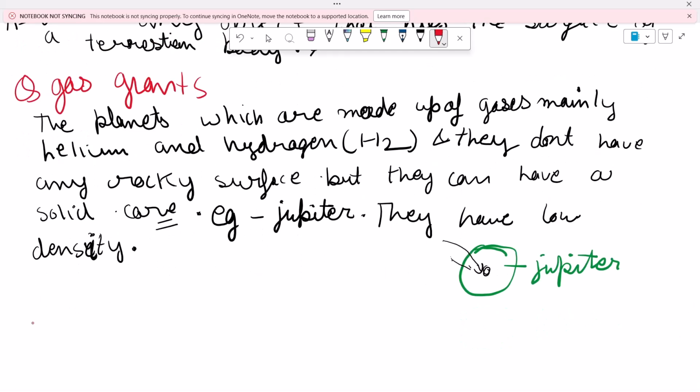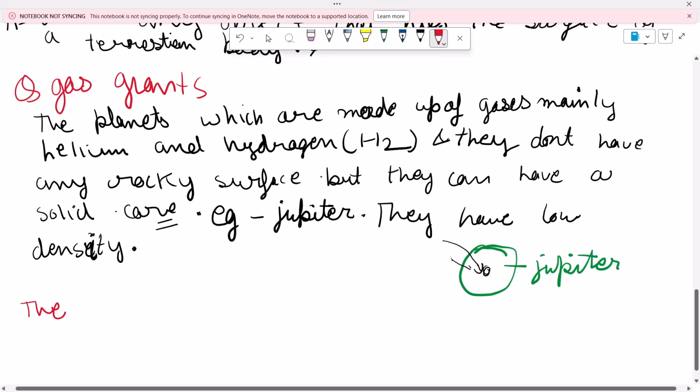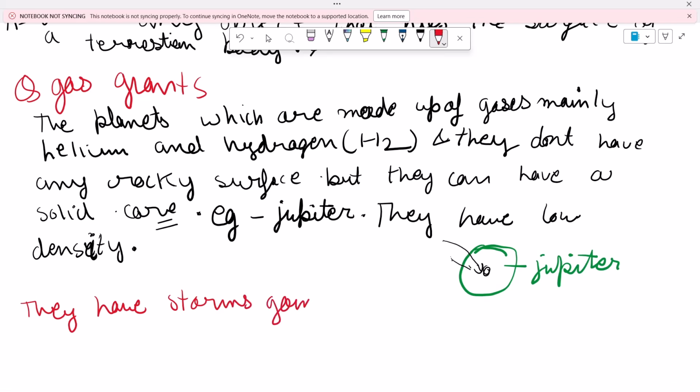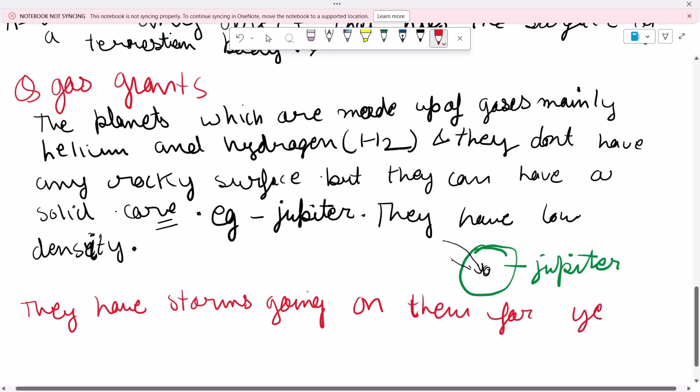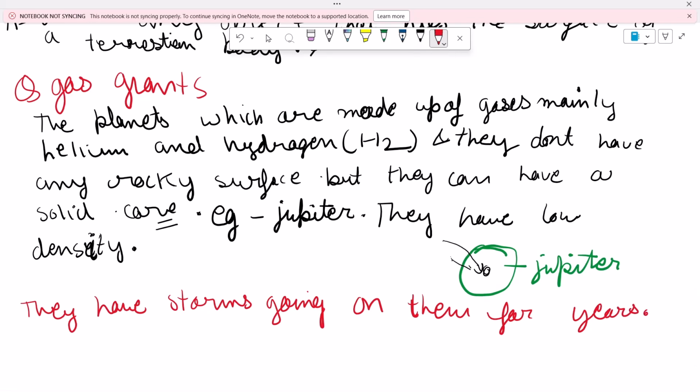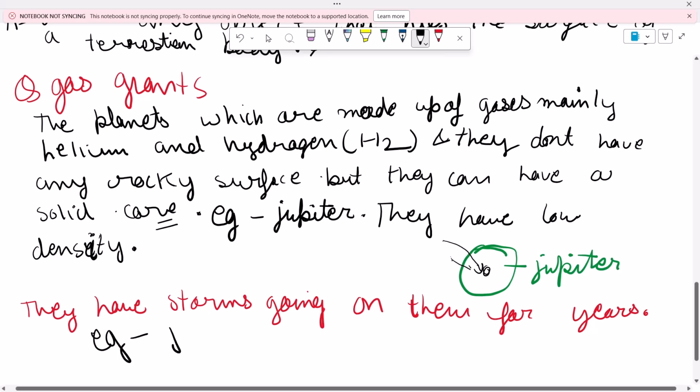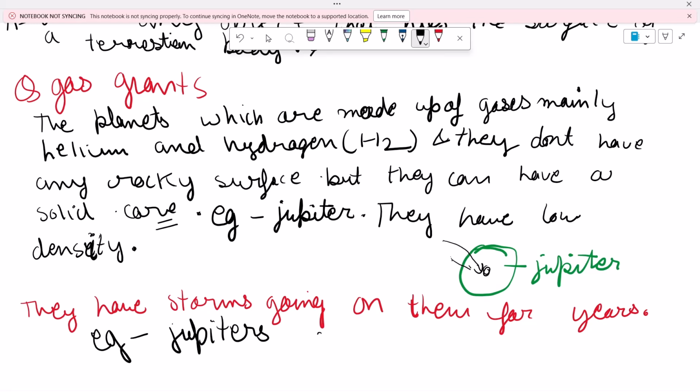One more key characteristic is that they have storms going on them for years. Do you observe anything on the gaseous planets in our solar system? Yes, an example is Jupiter's Great Red Spot.